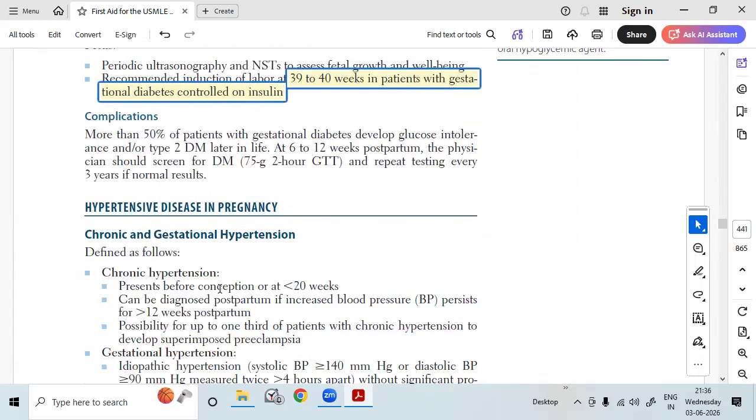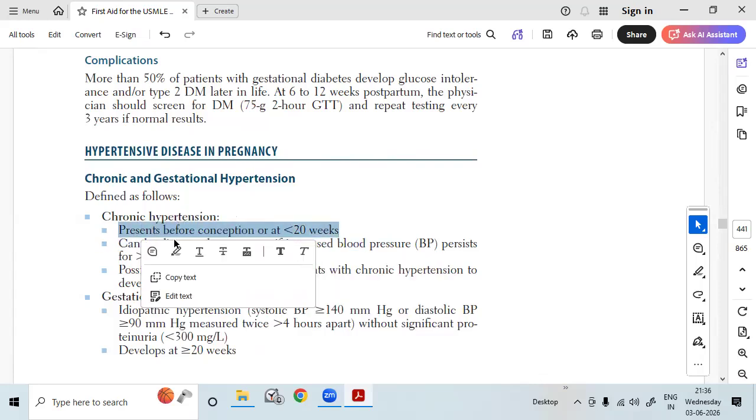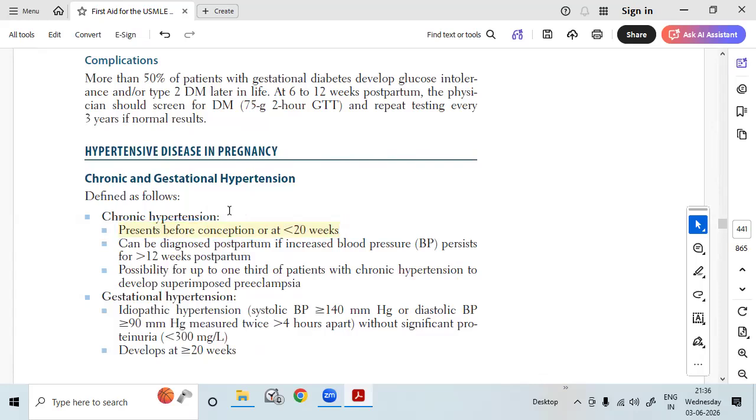Hypertensive disease in pregnancy: chronic and gestational hypertension, defined as follows. Chronic hypertension presents before conception or at less than 20 weeks. So this is important. Not only before conception, but even in the first trimester, if the patient has hypertension, then it is considered chronic. It can be diagnosed postpartum if increased blood pressure persists more than 12 weeks.